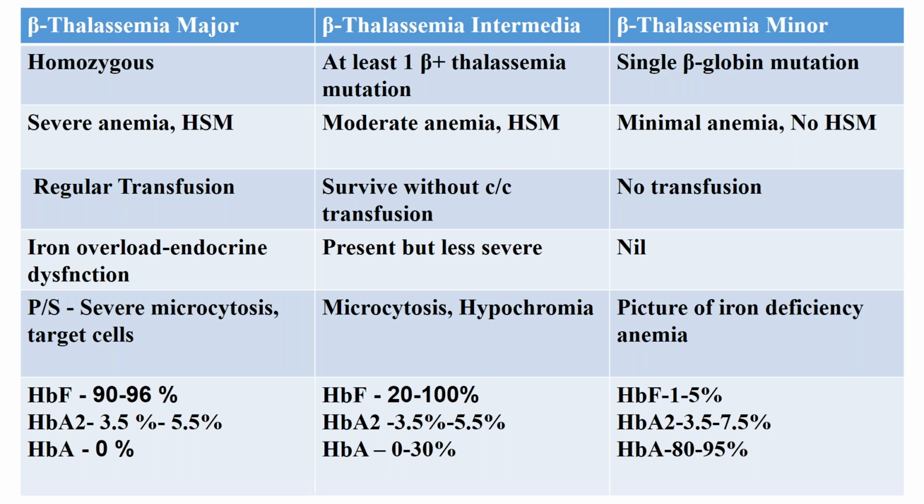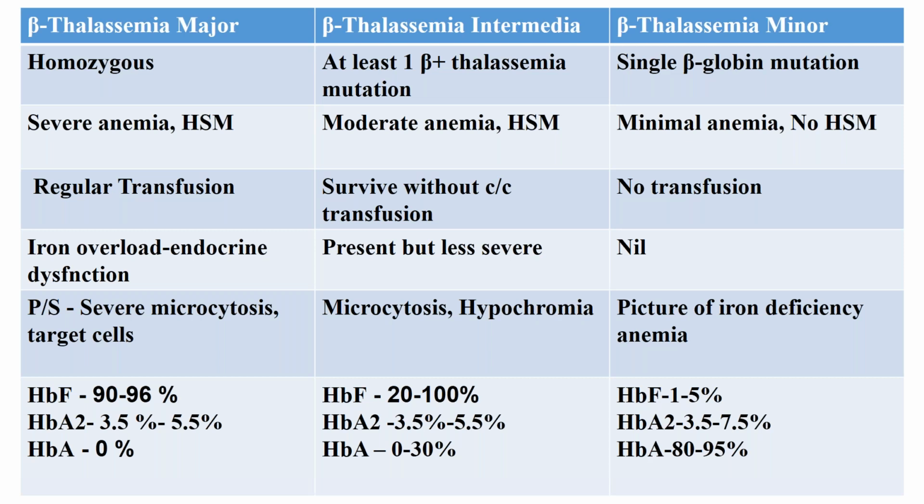And we have divided them into major, intermediate, minor, depending upon how many genes are present, what is the status of the mutation. If it is a homozygous mutation, it has a more severe presentation. If it has just one thalassemia gene, one chain is absent while the rest are present. Depending upon the severity of the mutations and the normal beta thalassemia chain present, it is divided into major, intermediate, or minor.